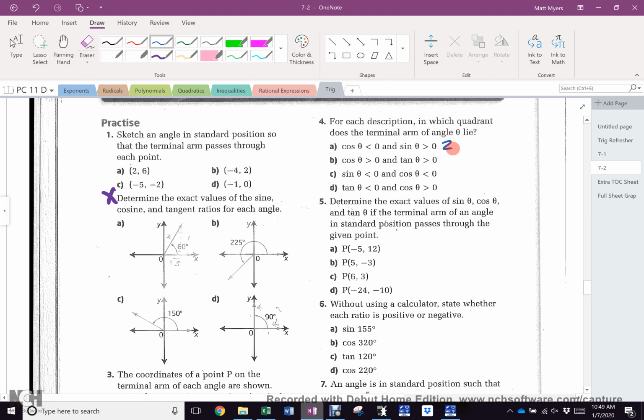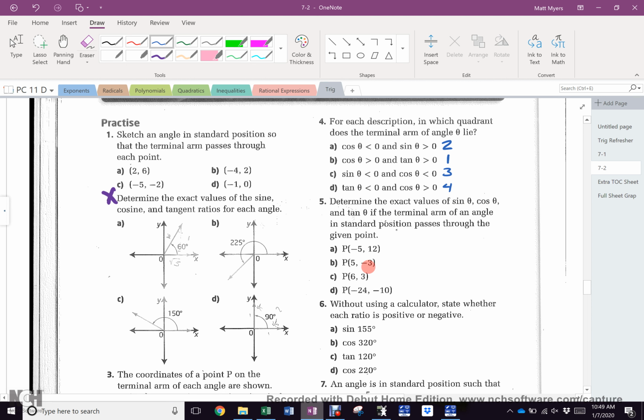Quadrant 2. Cos is positive, tan is positive: quadrant 1. Sine is negative and cos is negative: quadrant 3. Tan is negative, but cos is positive: quadrant 4. Exact values of sine, cos, and tan.